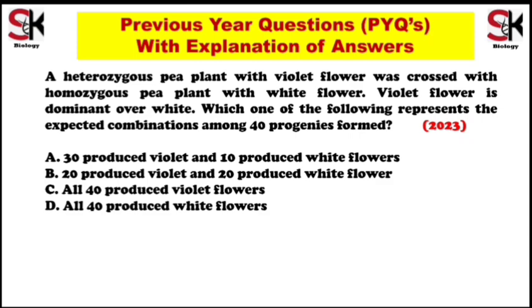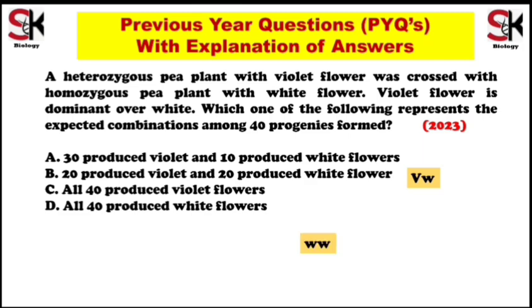A heterozygous pea plant with violet flower was crossed with homozygous pea plant with white flower. Violet flower is dominant over white. Which one of the following represents the expected combination among 40 progenies? This is a simple monohybrid cross where one heterozygous parent is crossed with a homozygous parent.